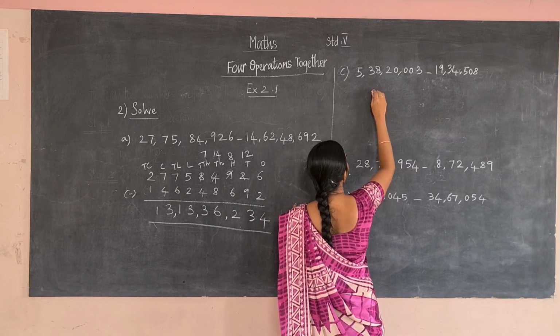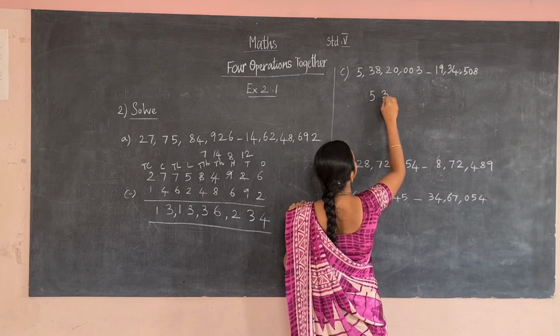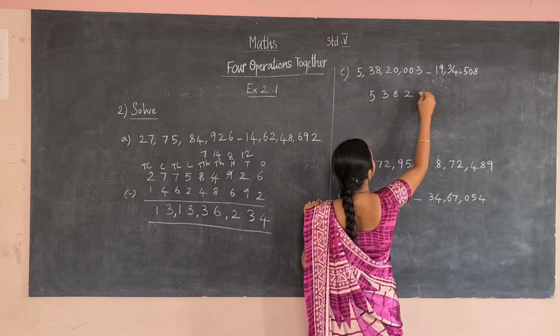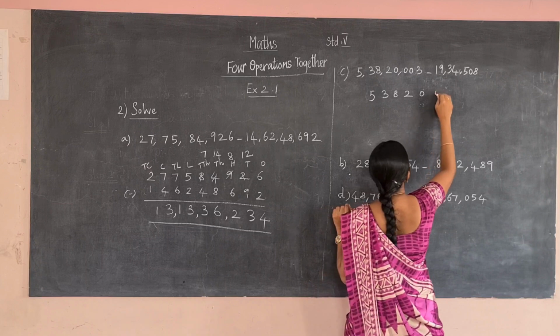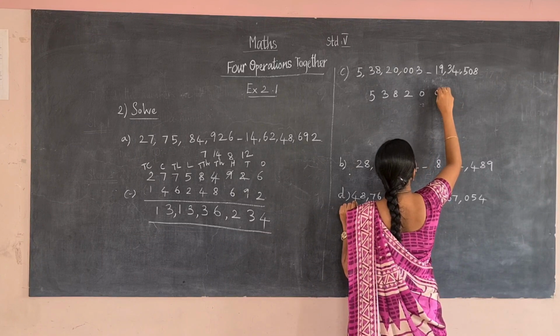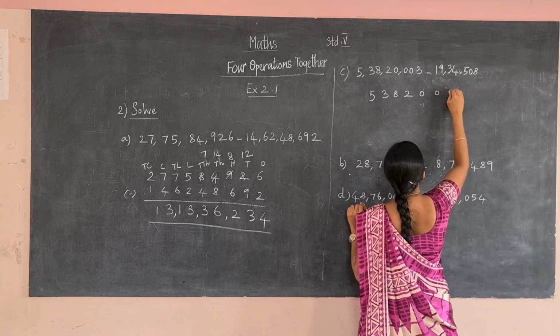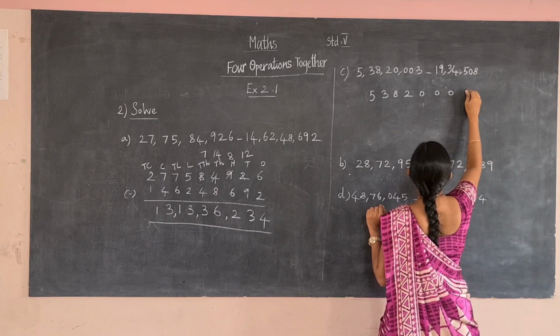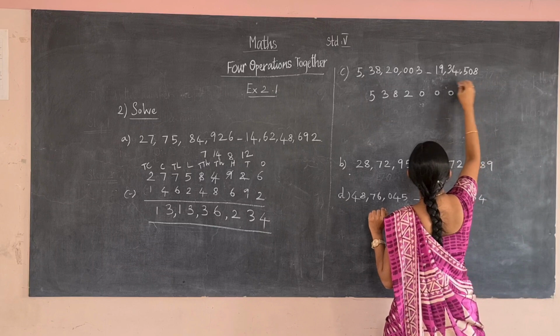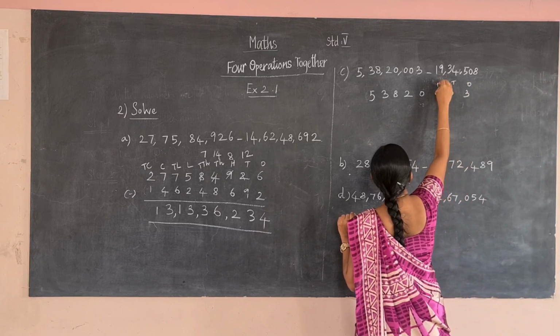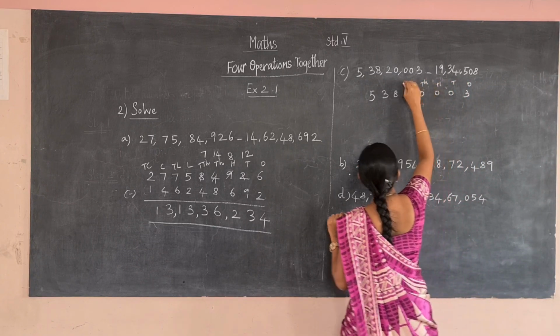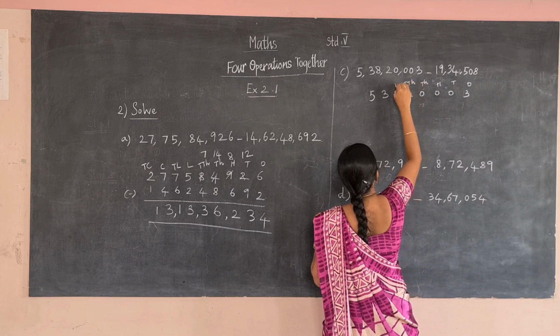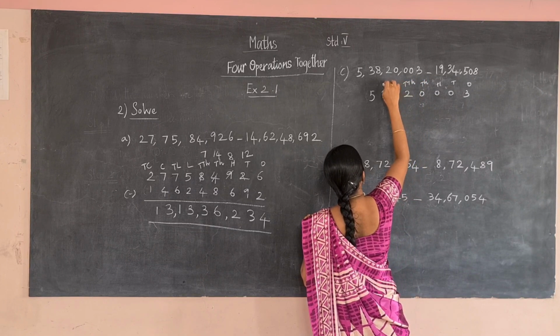Now the next problem, write the number with the place value. Ones, tens, hundred, thousand, 10,000, lakh, 10 lakh and crore.